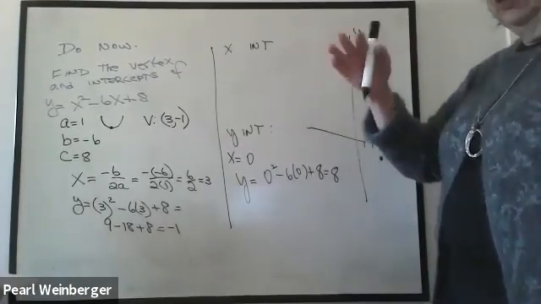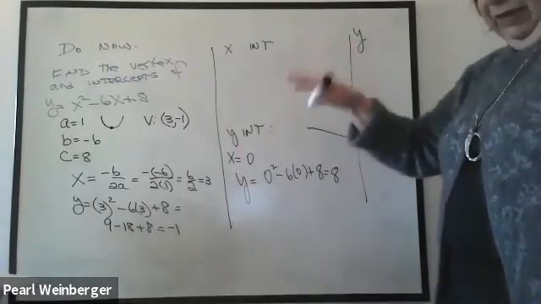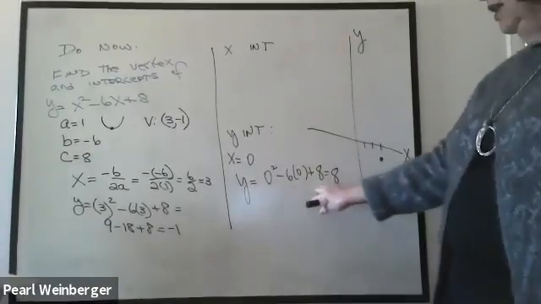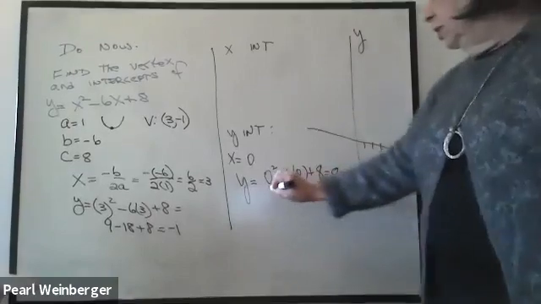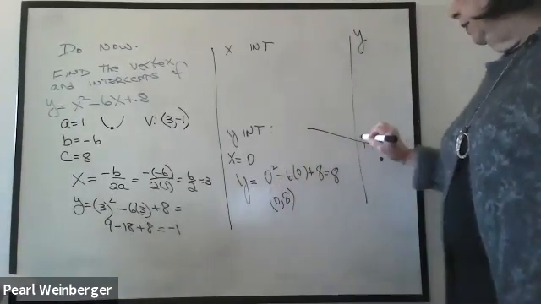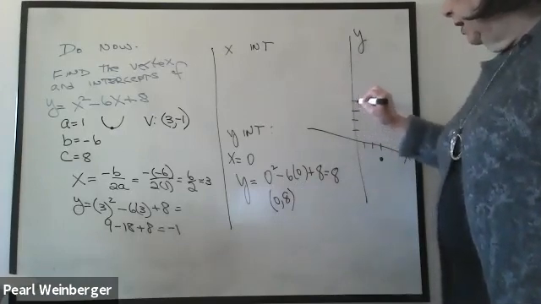It's like y equals mx plus b, where the number that stands alone, not next to x, the b, is the y-intercept. Here it's the c that stands alone. That's your y-intercept. So (0, 8) is your y-intercept. If I want to graph it, I go up 8 on the y-axis.